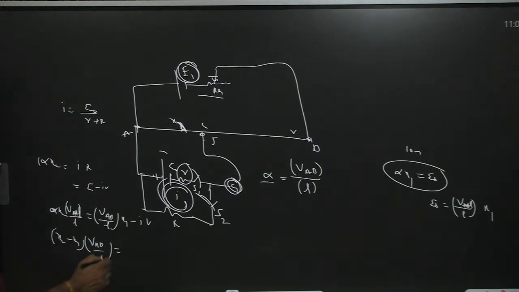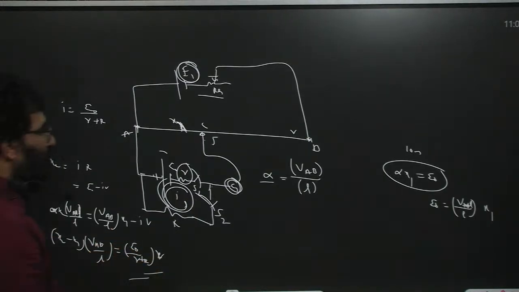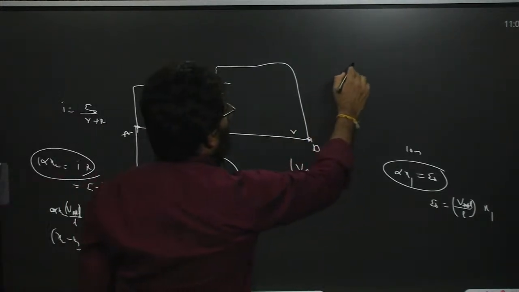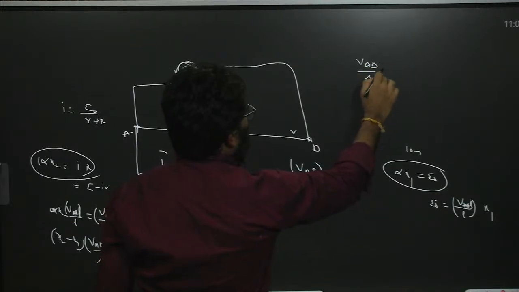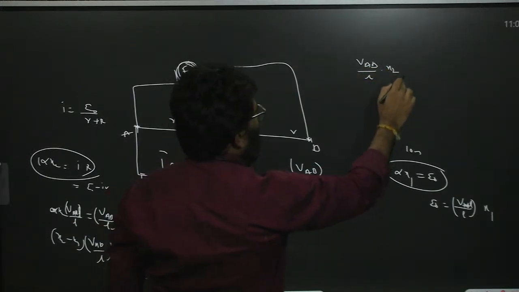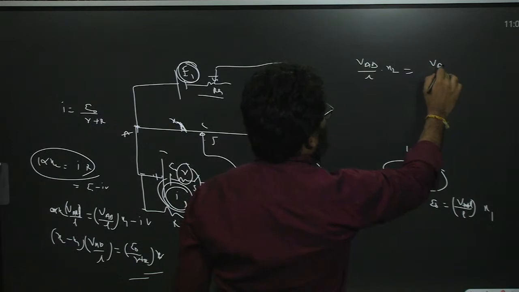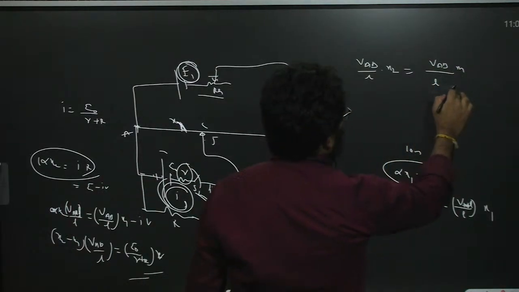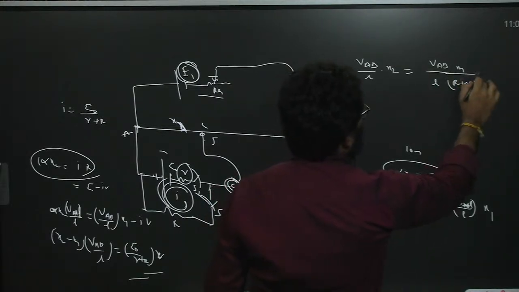E naught by R plus small r into capital R. Alpha is what? VAB by L into X2 is equal to VAB by L into X1 by (R plus r) into capital R.